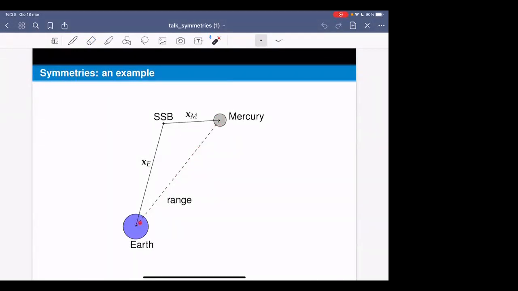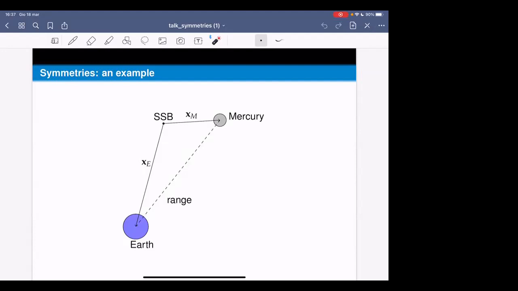Then there is no way, in an intuitive sense, to know the position of Mercury with respect to the SSB, because our only observable is just a relative distance. So the result of the orbit determination could be any vector xm which rotates around the solar system barycenter. There is no way to fix the position of Mercury with respect to the solar system barycenter if we only have this observable.